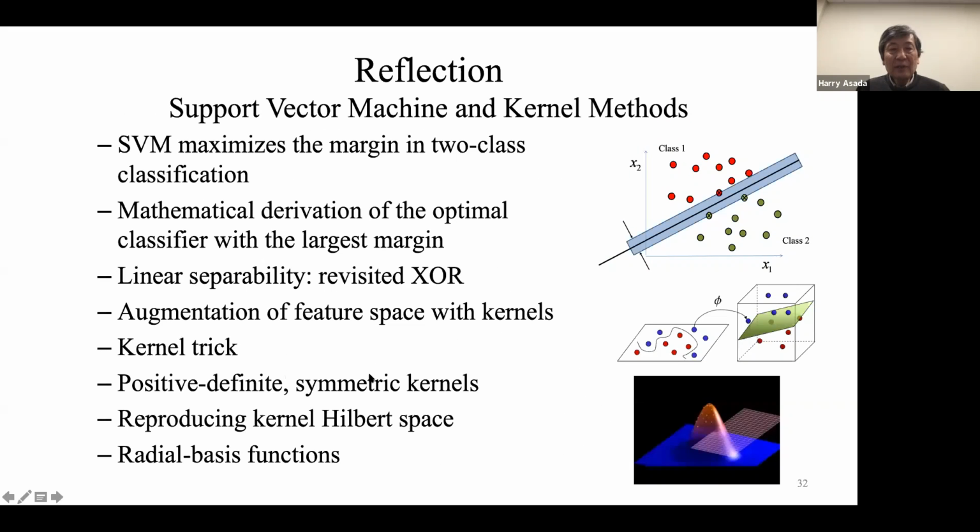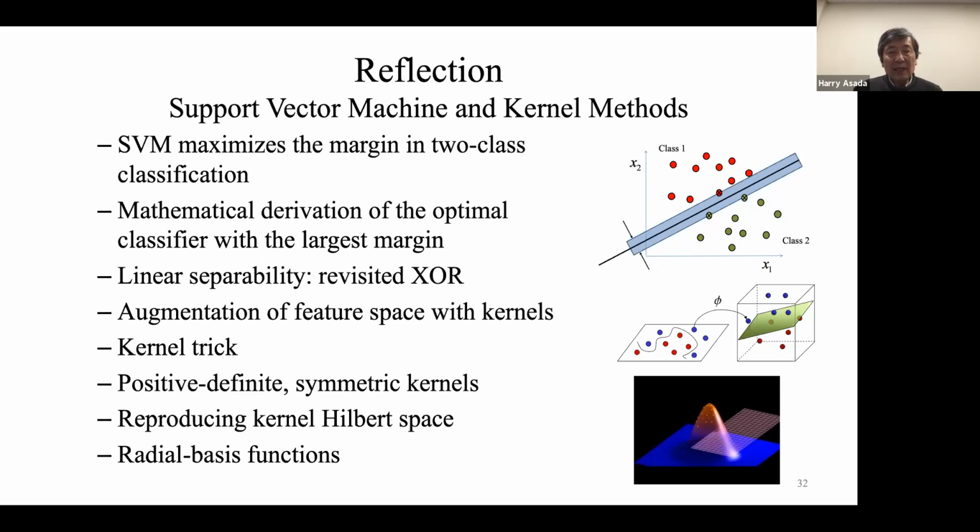So just a reflection and a summary for today's lecture. We looked at the support vector machine, which maximizes the margin in two-class classification, and the mathematical derivation of the optimal classifier with the largest margin has been obtained.